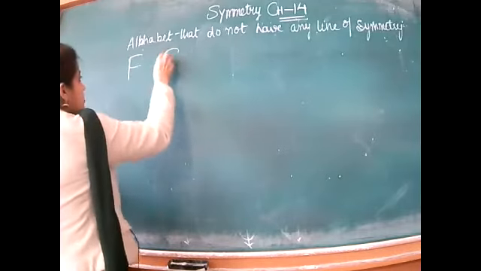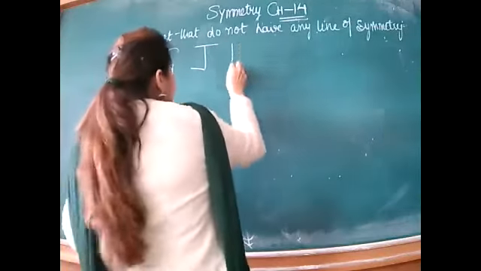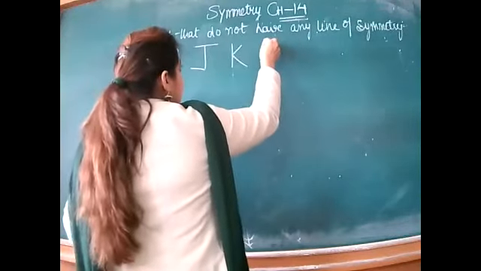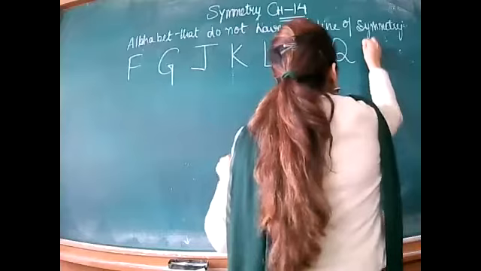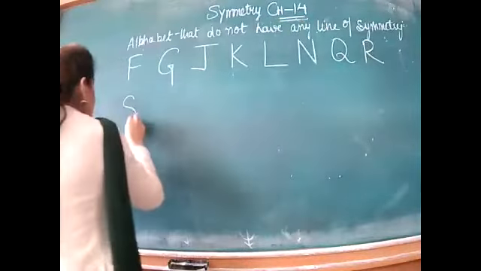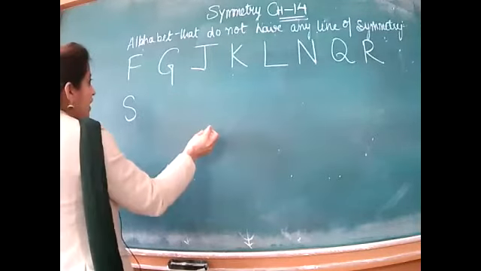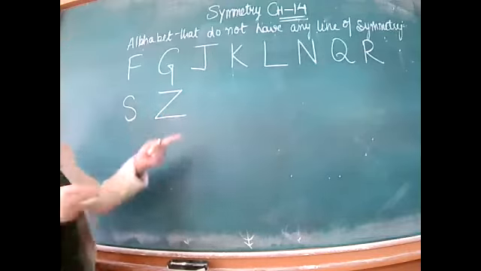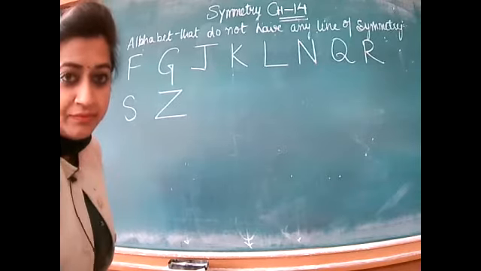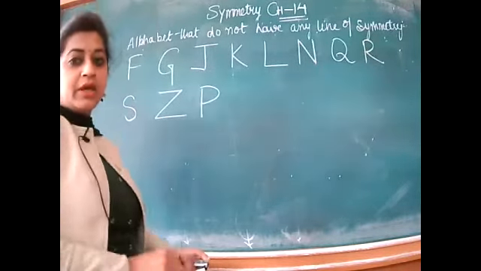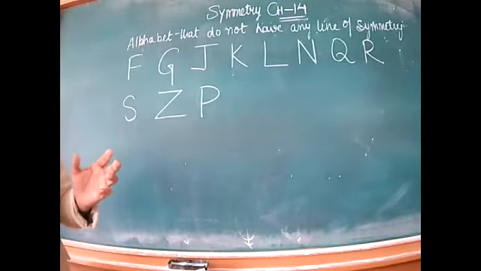F, G, I, J, K, L, M, N, Q, R, S, U, V, W, X, Y, Z. So these are the alphabets that don't have any line of symmetry. P will also be there in this category that doesn't have any line of symmetry.